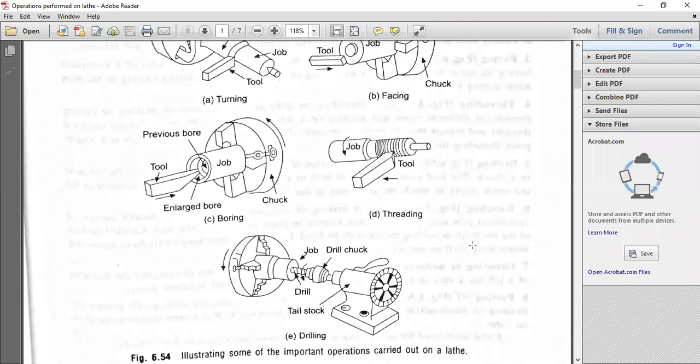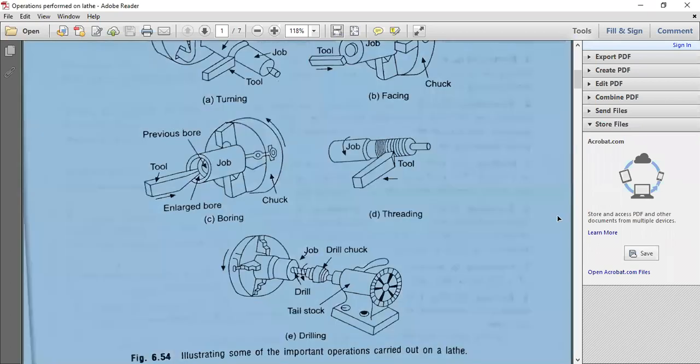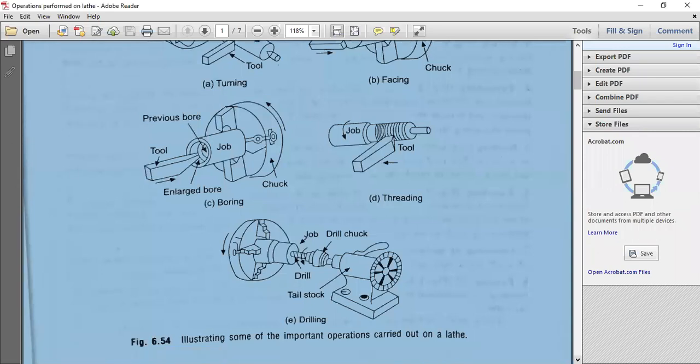That is the drilling operation you can perform. All that are very important aspects of the operations of a lathe, and you have to closely observe the differences between all the operations and what specific tools you have to use for them. So everything you have to see.